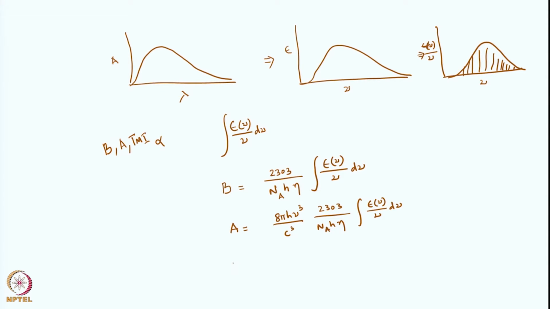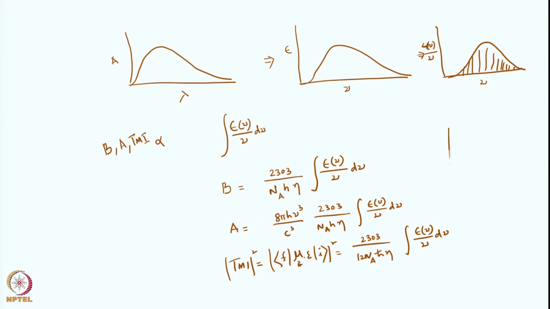And finally your TMI, that is nothing but the transition between the initial and final state, mu dot epsilon along the z axis, modulus of this squared, or rather TMI square, is equal to 2303 by 12 Na h bar eta integral epsilon of nu by nu d nu.